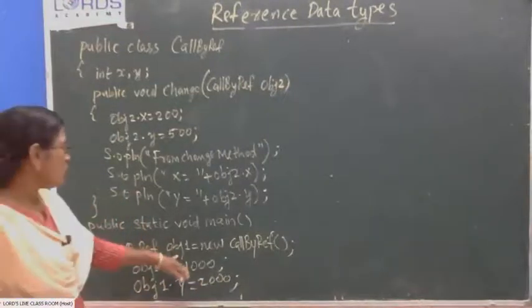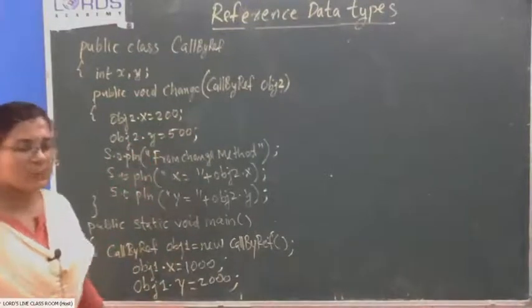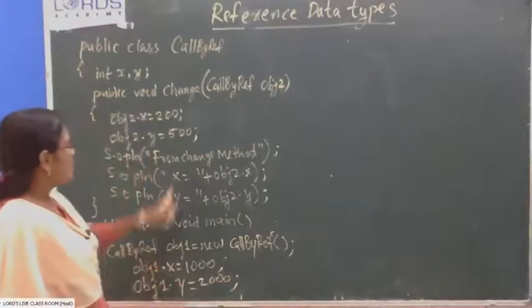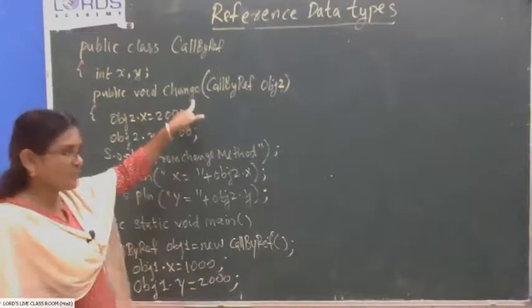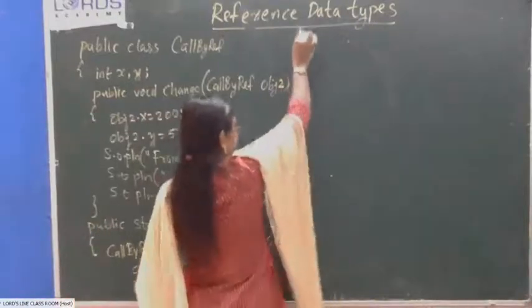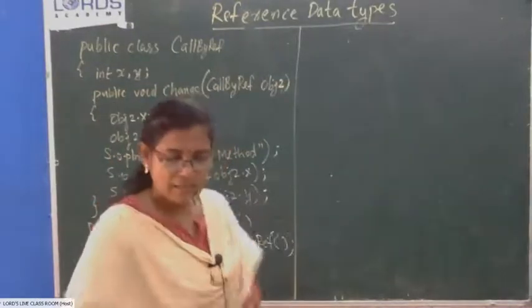Now, I want to pass this object to this method to make some changes in the values. So I am going to call this function. Before calling it, I will display the value of x and y. The program will be explained to you in detail after writing.